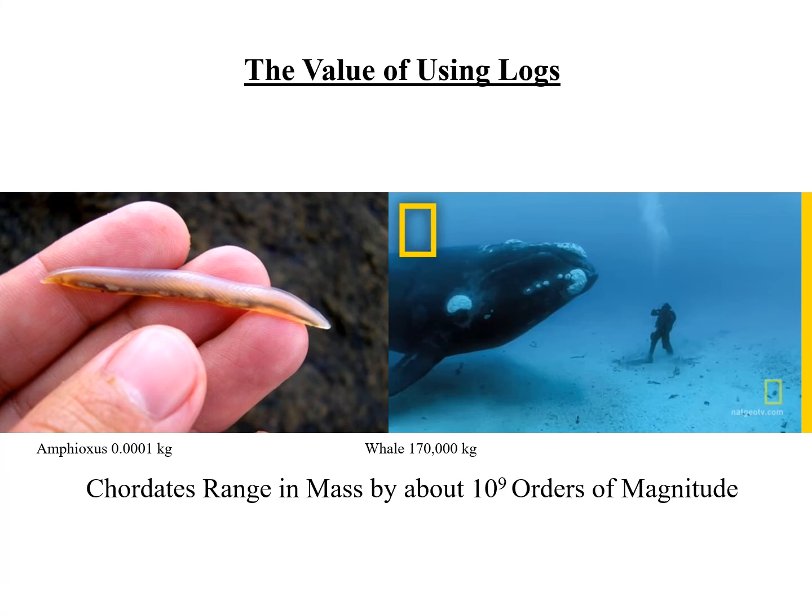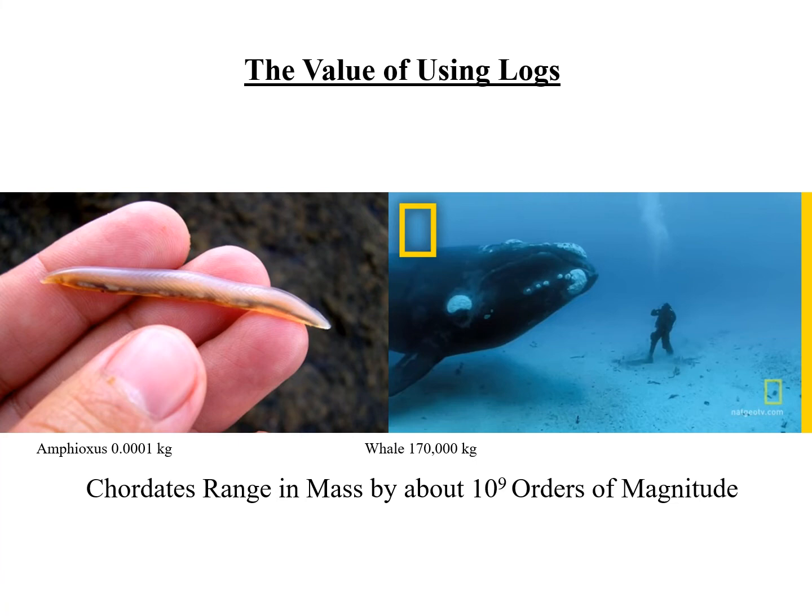Amphioxus, which isn't the smallest chordate, tunicates are smaller, larval tunicates are at least an order of magnitude smaller than this. But Amphioxus has a mass of about 0.000 kilograms, right? It's this little tiny animal, and its relative is the great blue whale, and it has a body mass of 170,000 kilograms. So this is a ridiculous 9 orders of magnitude. That's a huge range in scale.